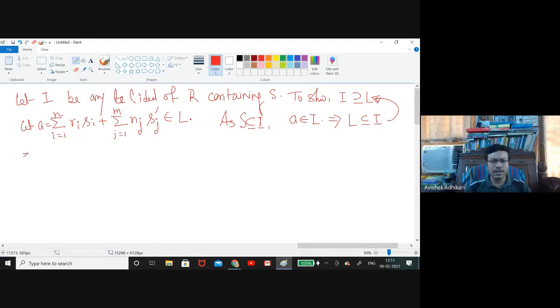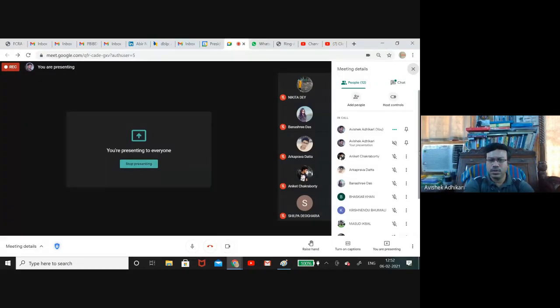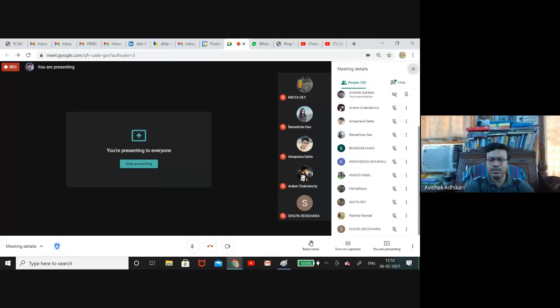So as a result, we say that the smallest left ideal containing S is nothing but L. So now we have the form of S, right? Is the proof clear to all of you? Any question or comments?